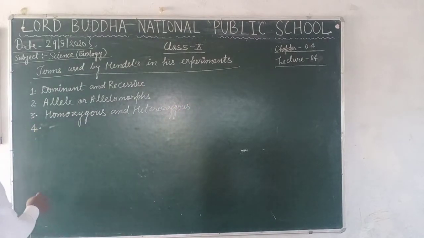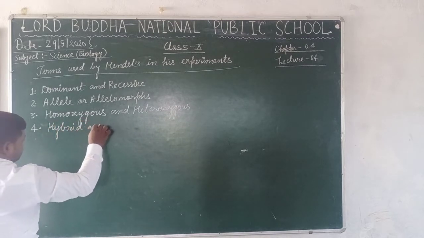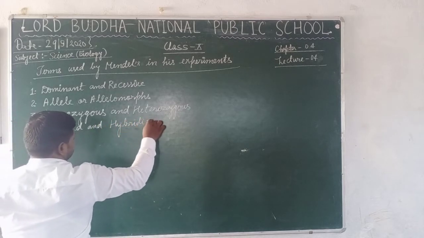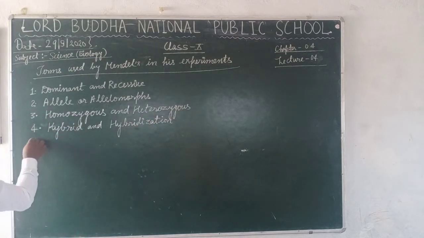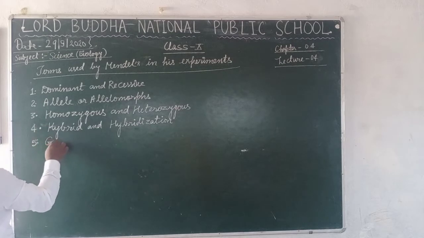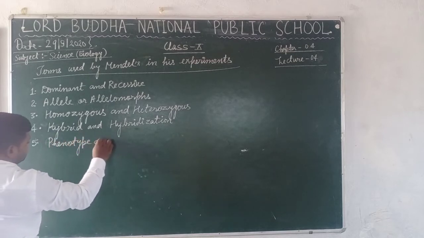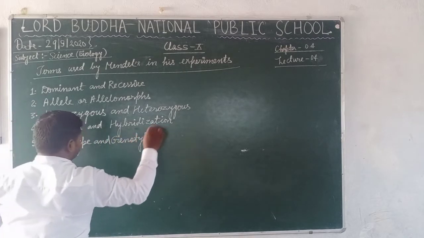Next one is hybrid and hybridization. The next one is phenotype and genotype.